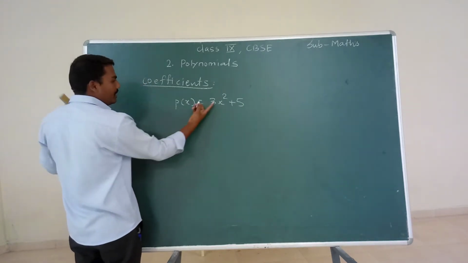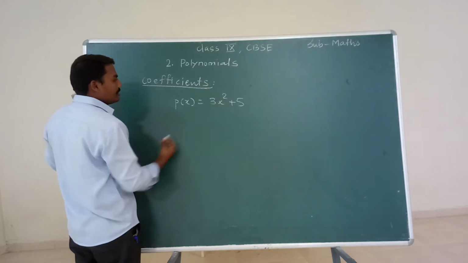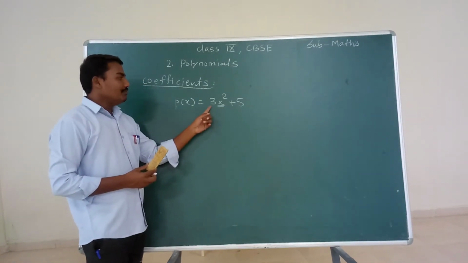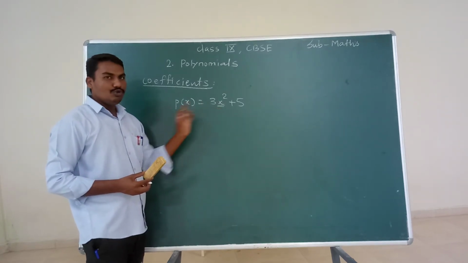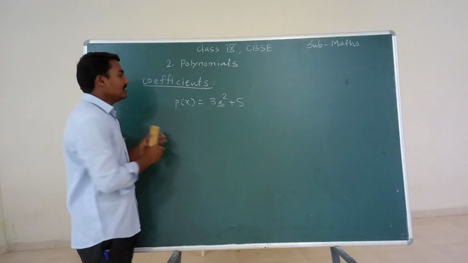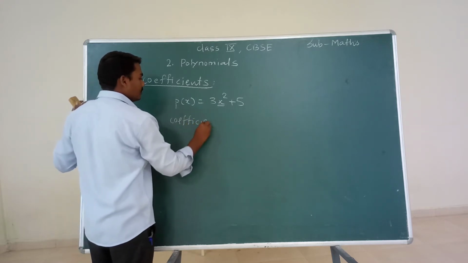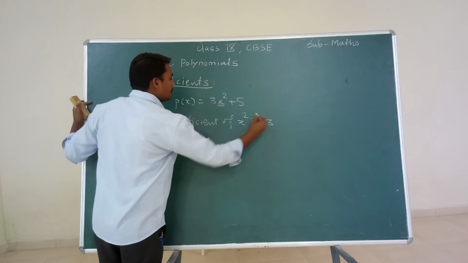Yes, it is a polynomial. Power is positive. Okay. Now the coefficient of x square is 3. Means the numbers or constants multiplied with variables, those numbers are called as coefficients. The coefficient of x square is 3.